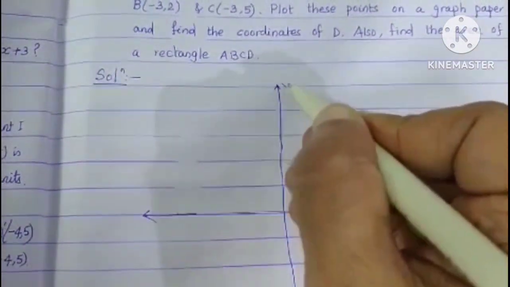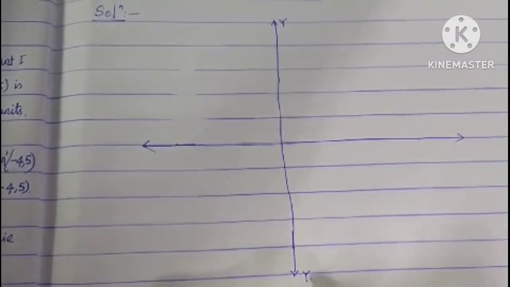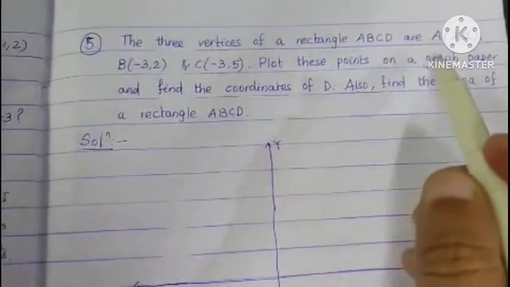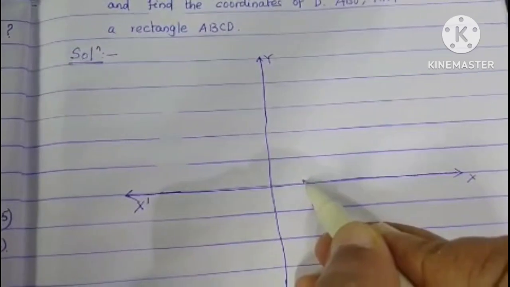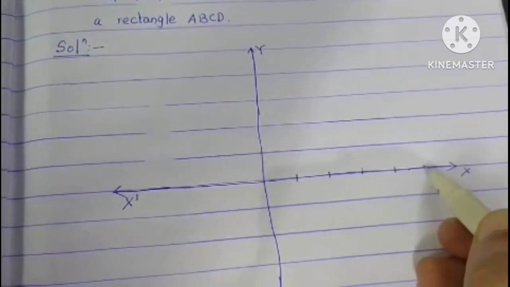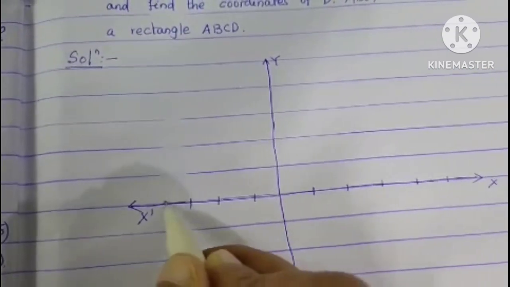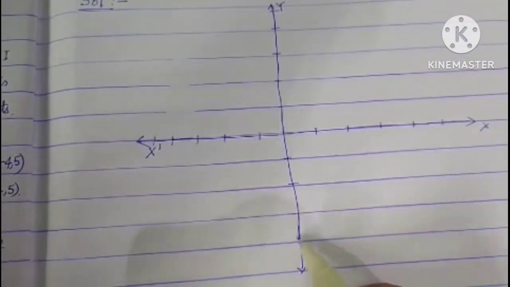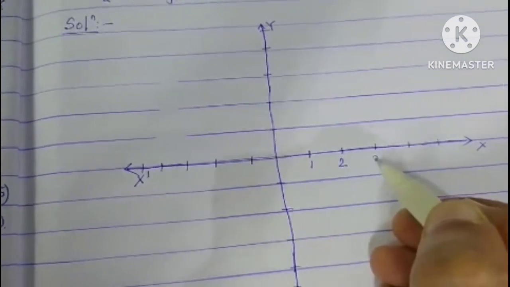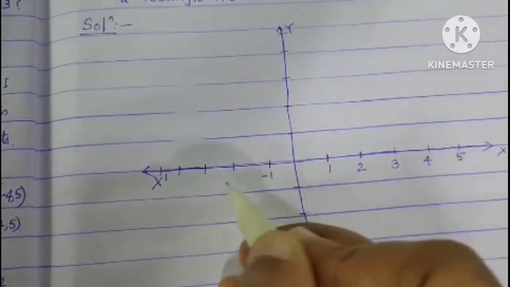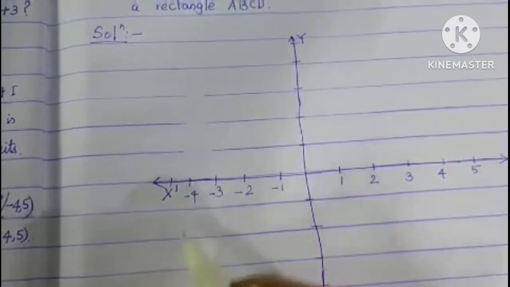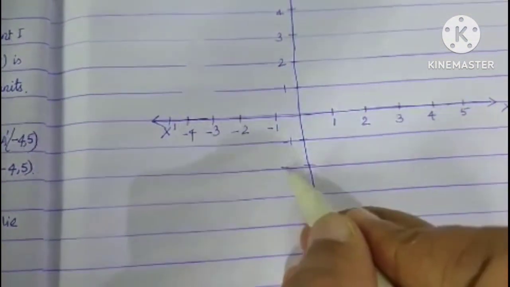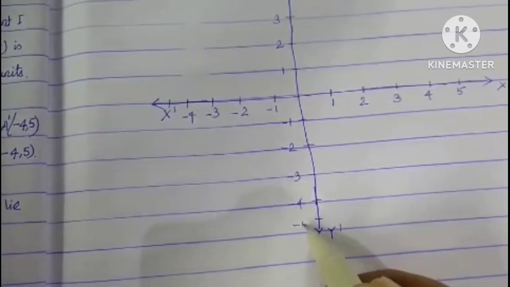This is x-dash and x, Y-dash and Y. Let us mark the units: 1, 2, 3, 4, 5 on the positive side, and minus 1, minus 2, minus 3, minus 4, minus 5 on the negative side, on both axes.